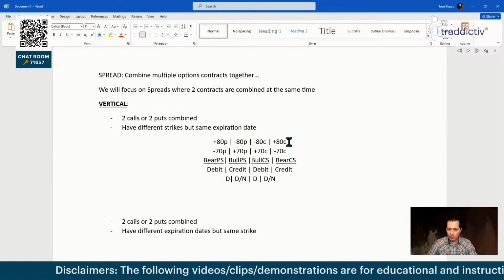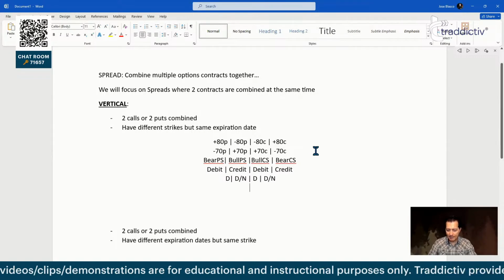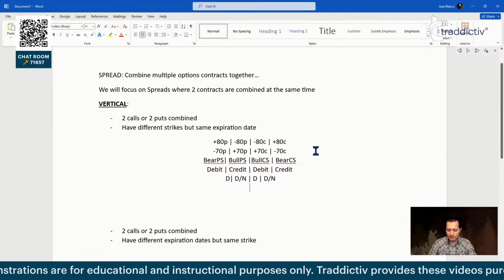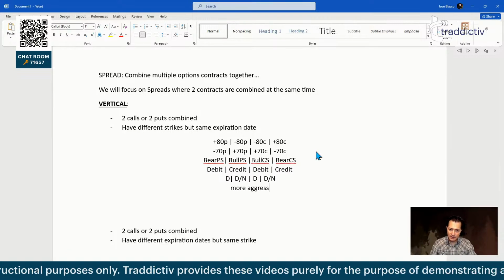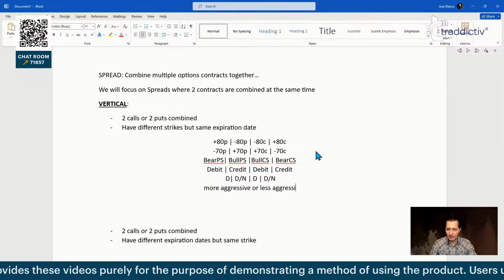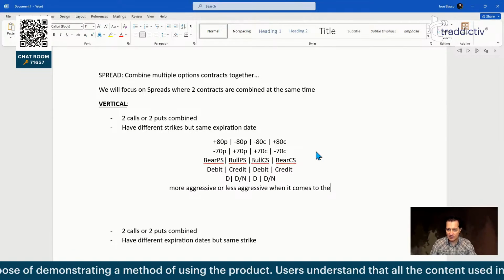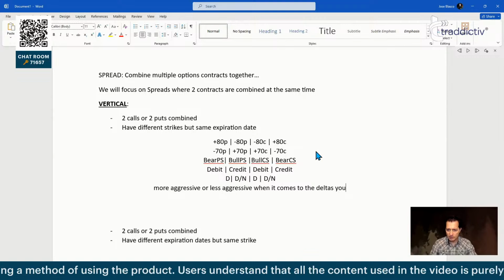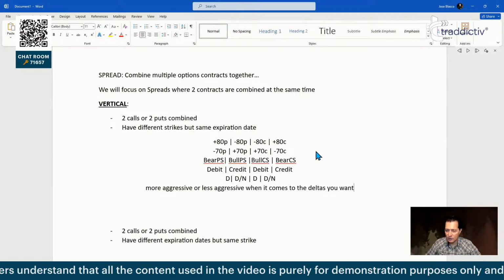So within being directional or neutral, you can be more aggressive or less aggressive when it comes to the deltas you want. If you recall, deltas have two interpretations.